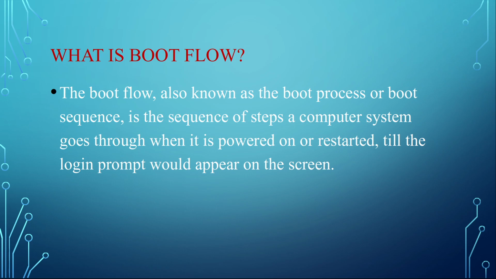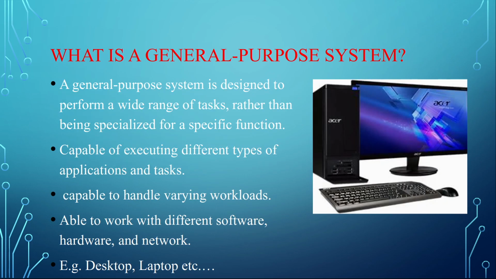First of all, we need to learn the difference between general purpose systems and embedded systems. Let us see what a general purpose system is. A general purpose system is nothing but our general desktop computer, which is designed to perform a wide range of tasks rather than being specialized for a specific function.